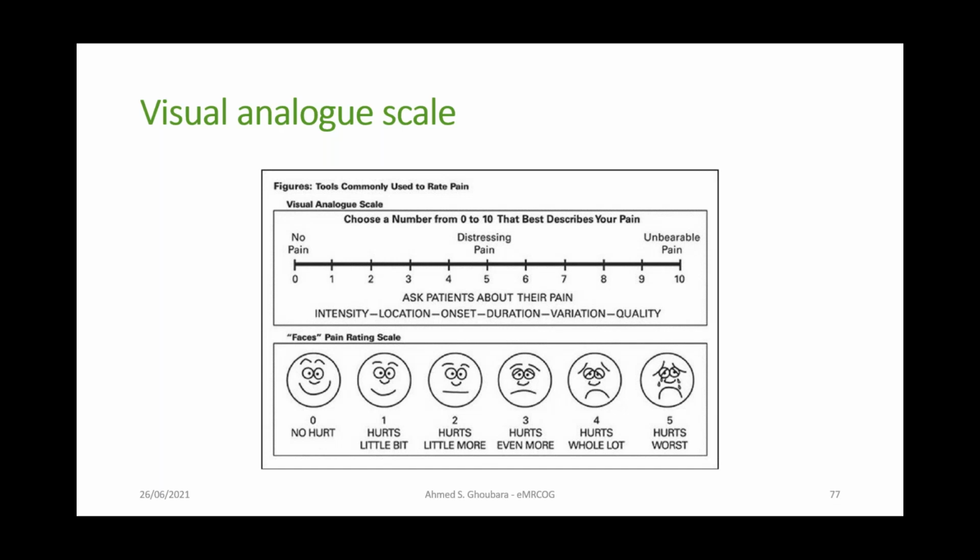You ask the patient, tell me about your mood today, your anxiety today, your pain on a scale from 0 to 10. 0 means no pain at all, and 10 means very, very high. This is a scaling system.